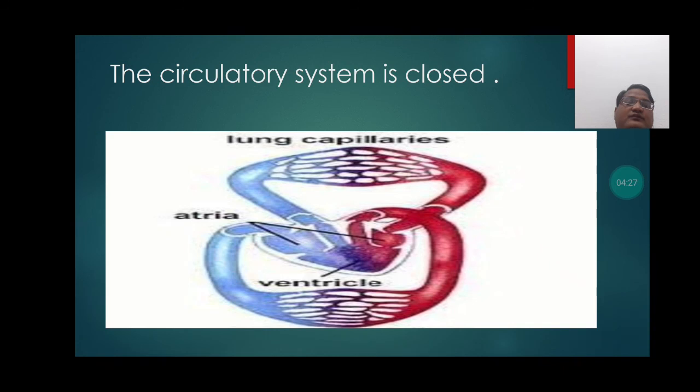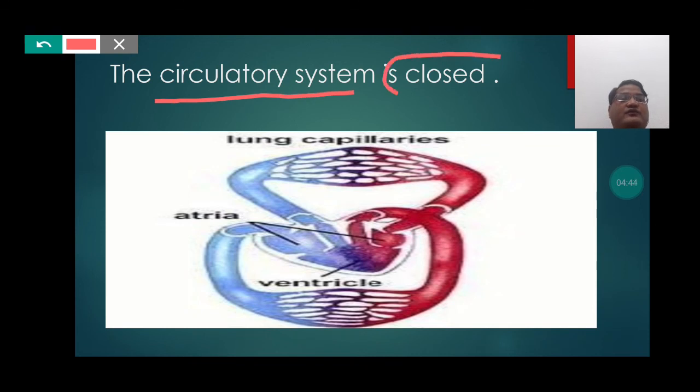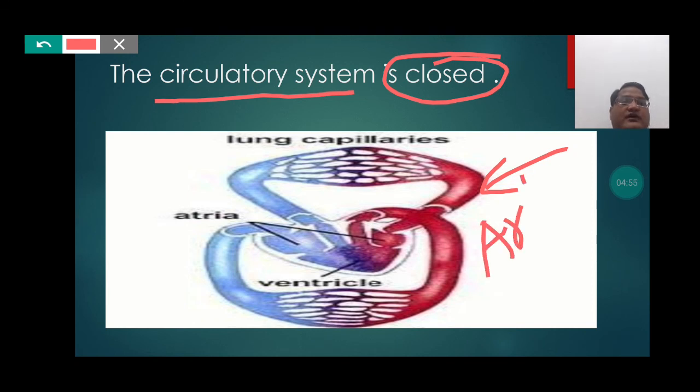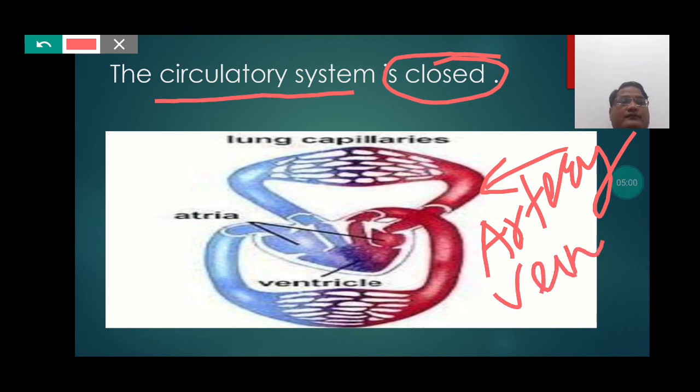The circulatory system is closed. Since the circulatory system in amphibians is generally closed. Students, when we say the circulatory system is closed, then that means that the blood is circulating in closed tube-like structures, that is artery and veins.